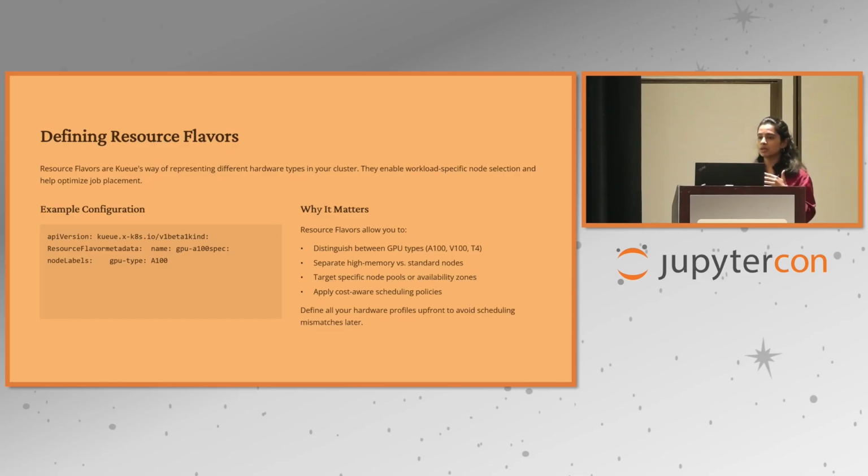Based on our requirements, we categorize flavors, and when we want to assign a particular task to them, we can directly use them. And if you see, this is the code: API version and resource flavor metadata. This is where we can update our flavor data and apply cost-aware scheduling policies based on that.